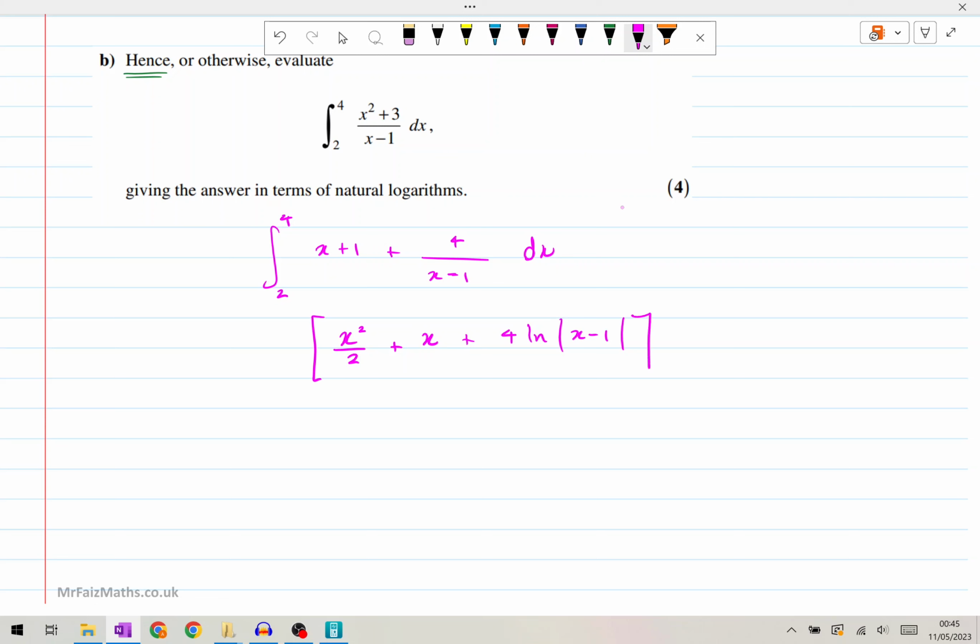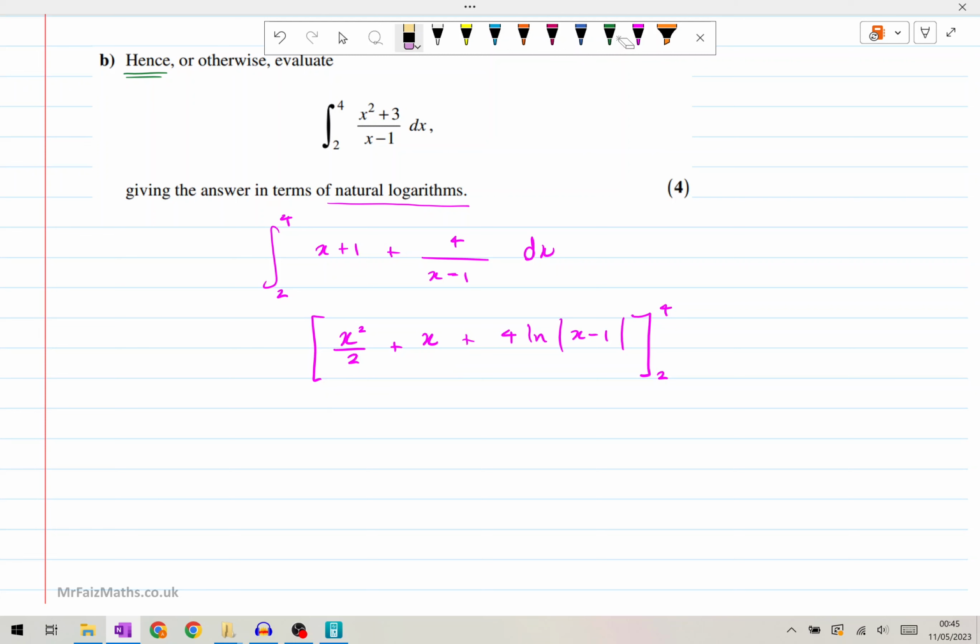So then we just need to substitute 4 and 2 here. Now, if you are using a calculator to substitute this in, if you just plug 4 into all of this, you will get a decimal answer on your calculator. It does say give your answer in terms of ln. So we do have to split this up. So you can plug x equals 4 just into that bit first, and then do it by hand for the other part.